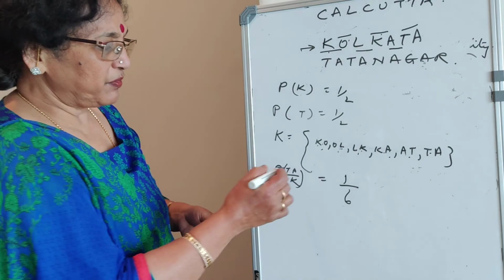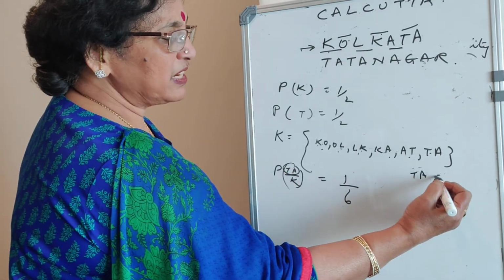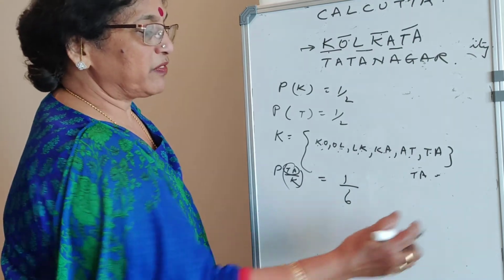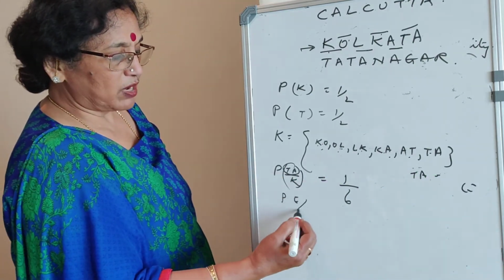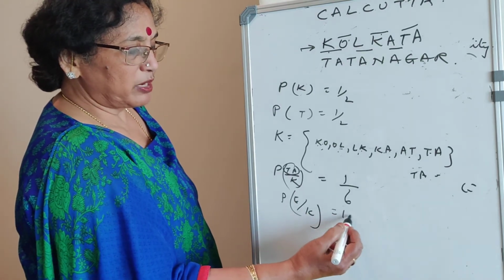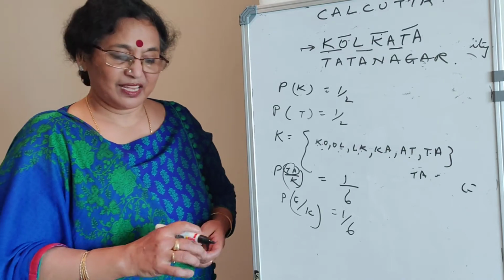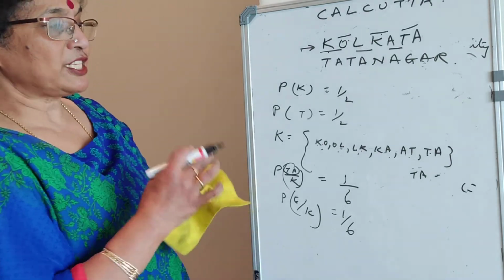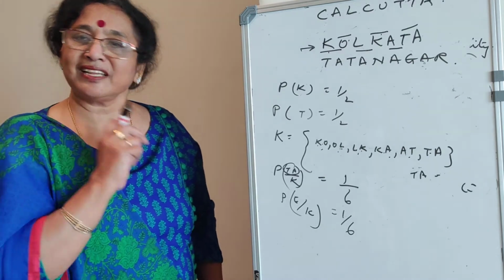Suppose I say the common event is E, that is TA. That means the probability of the common event coming from Kolkata is 1 by 6. Am I right? Little difficult, isn't it? Now coming to the next one, to find the probability of TA from Tata Nagar.